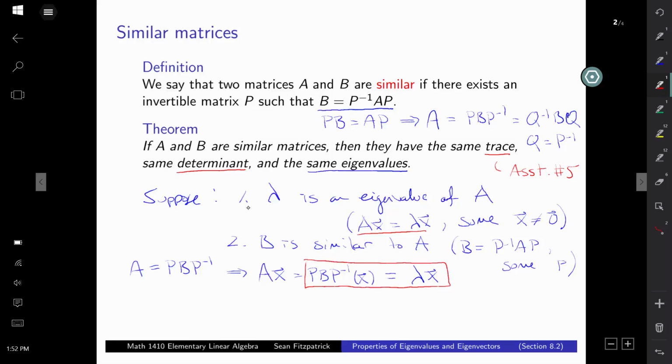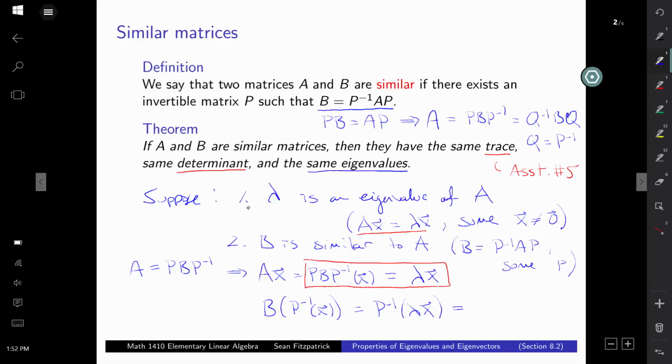All right, so let's take this equation here, and let's multiply both sides by P inverse, and what do we get? If I multiply on the left by P inverse, then I cancel it from the left hand side of this equation, and I get B times P inverse X is equal to P inverse times lambda X. But lambda is a scalar.